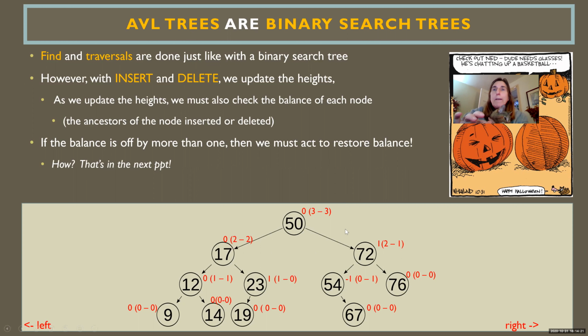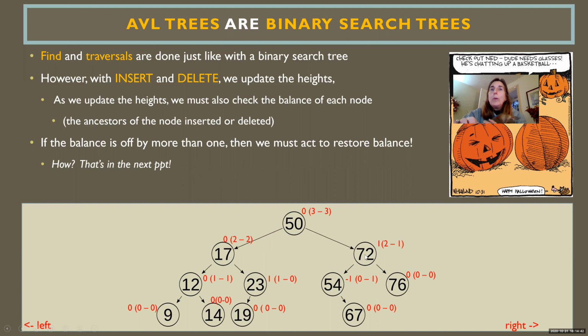Okay. But down here, we have this lovely tree. If we look here, I'm just going to do this side over here. 54: the left child has a height of 0. The right child has a height of 1. So the balance of 54 is going to be 0 minus 1, which is negative 1. Okay.